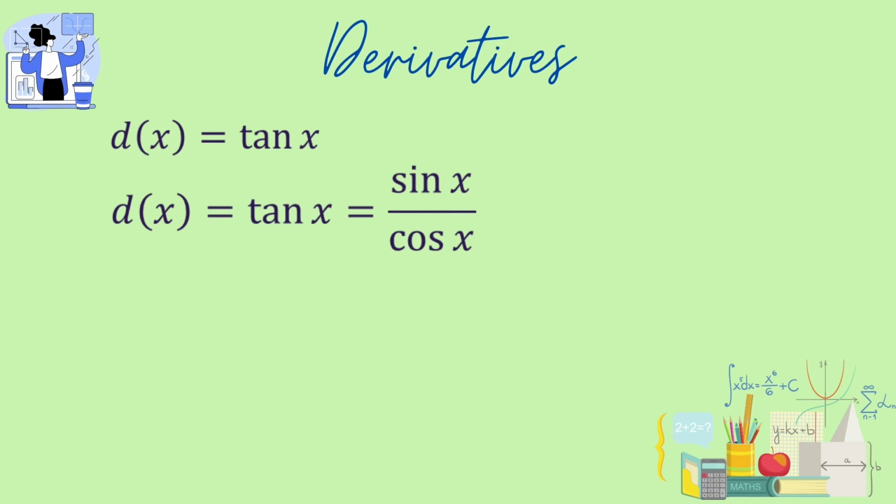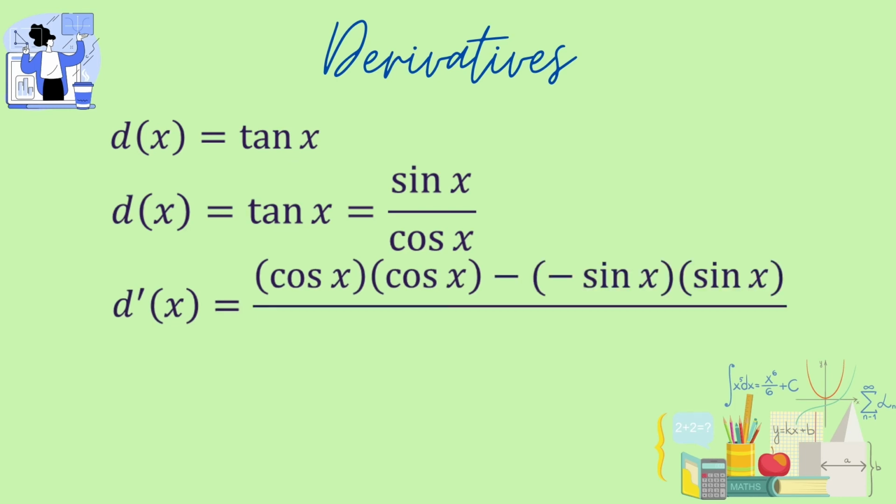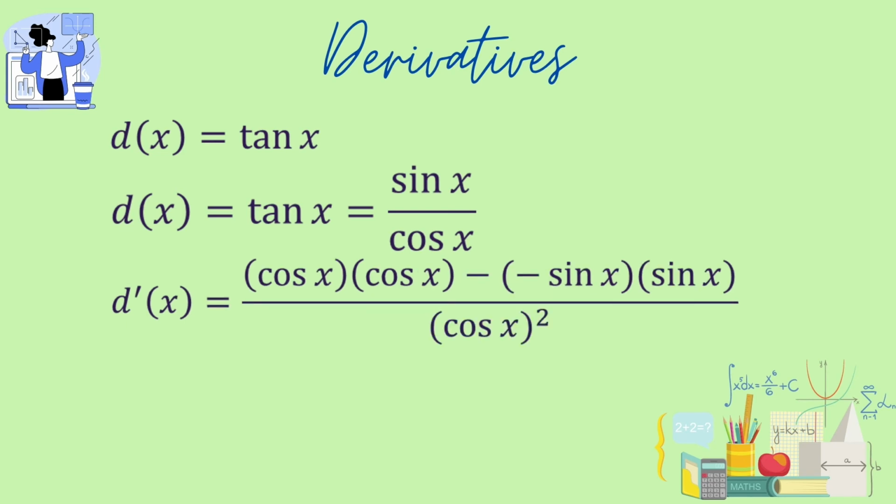The derivative of the numerator sine x is equal to cosine x times the denominator cosine x minus the second term, which is the derivative of the denominator, which is negative sine x, times the numerator, which is sine x. And the denominator is the square of cosine x.